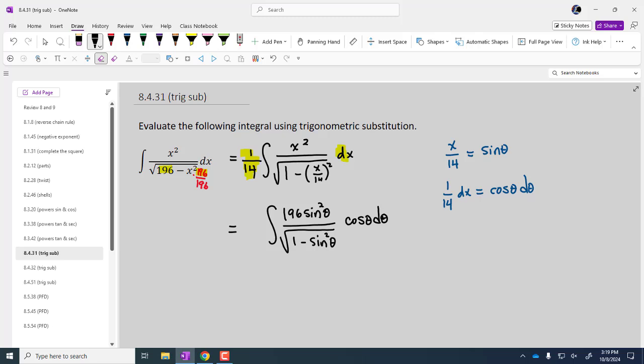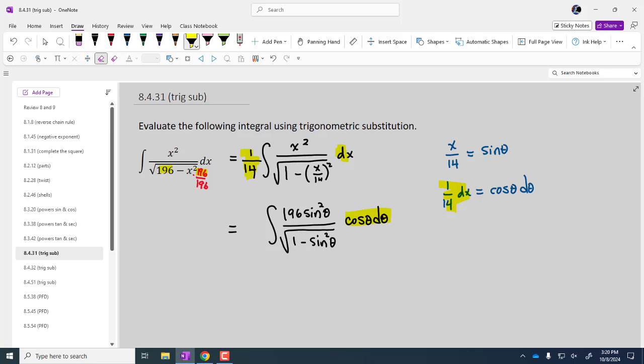Any part of that you aren't 100% sure on? So the yellow, 1/14 dx, got replaced with cosine of theta. So 1/14 dx all becomes cosine theta d theta.